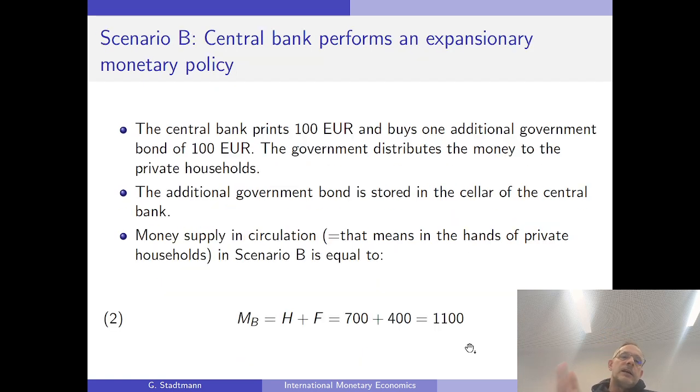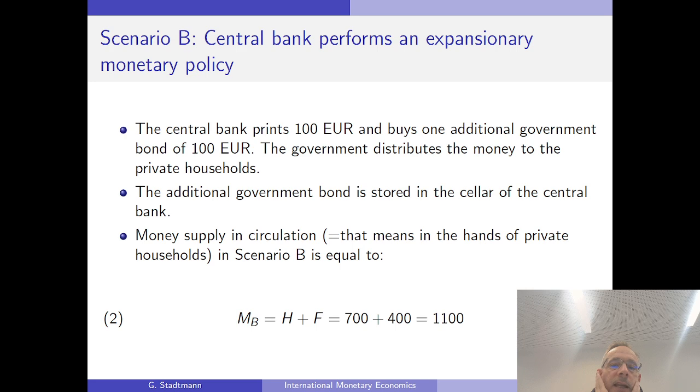Now we are switching to scenario B. The central bank performs an expansionary monetary policy. So the central bank prints another 100 euros and buys one additional government bond of 100 euros. The government distributes the money once more to the private households, and one additional government bond is stored in the cellar of the central bank.